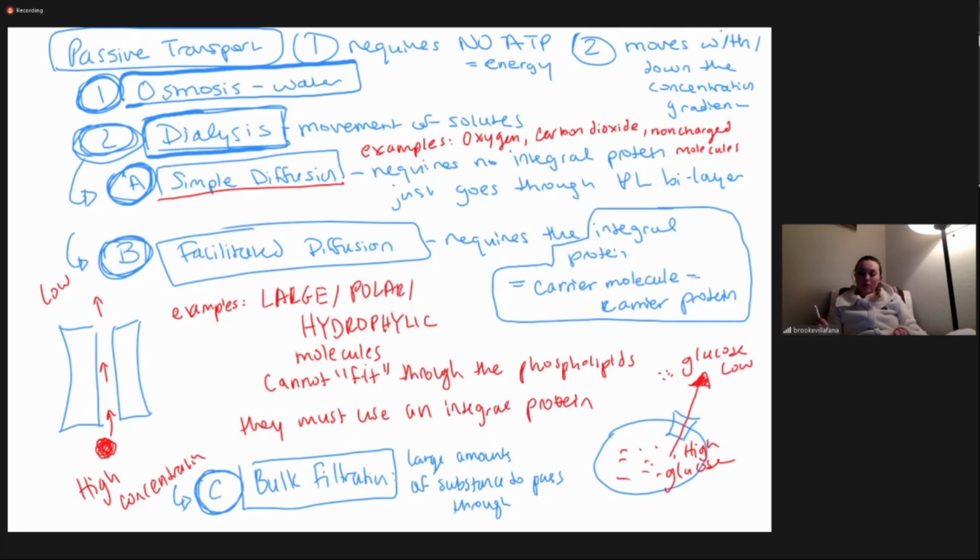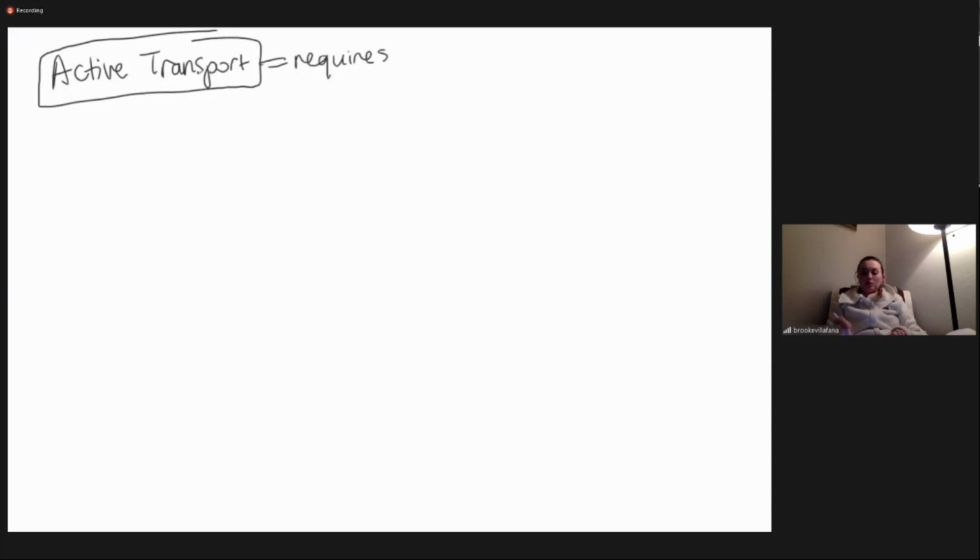So now we move on to active transport. So let's do a different color here. Let's do black. For active transport, you're already seeing the word active, right? So the key here is that this requires cellular energy, or ATP. This is because the cell is doing something it doesn't want to do.